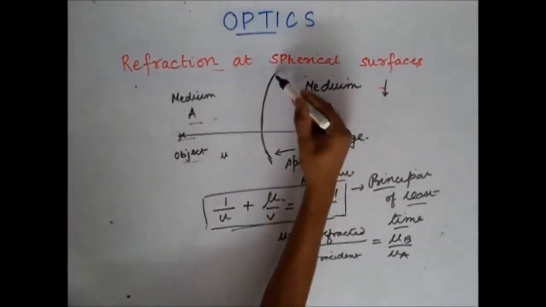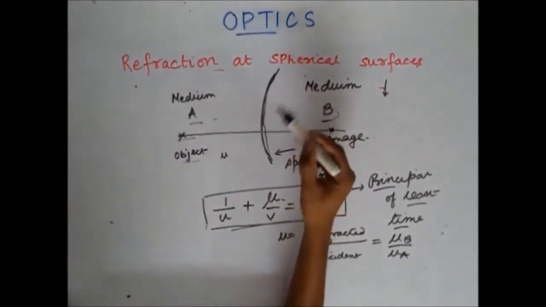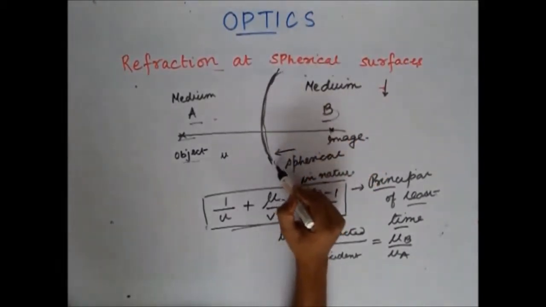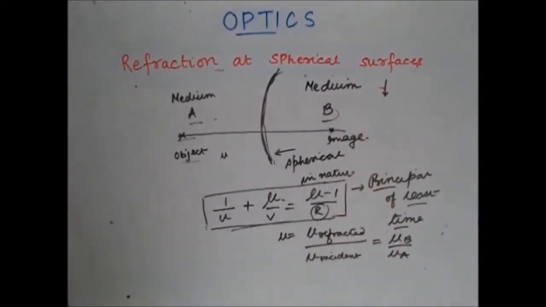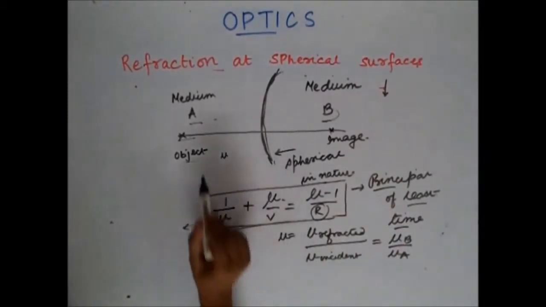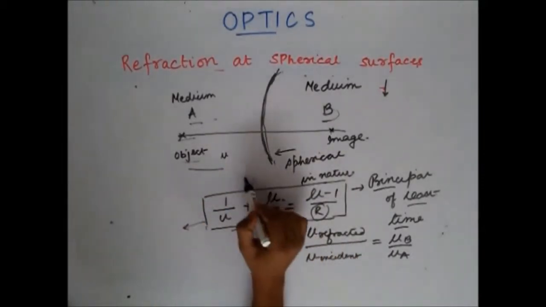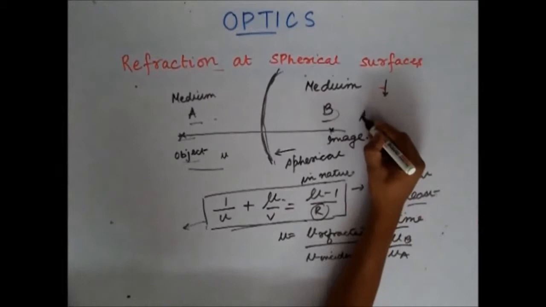R is the radius of curvature of this surface. This surface can be assumed to be a part of some sphere which has a radius R. So this is the formula which relates the object distance with the image distance in case of a single refracting surface which is spherical.